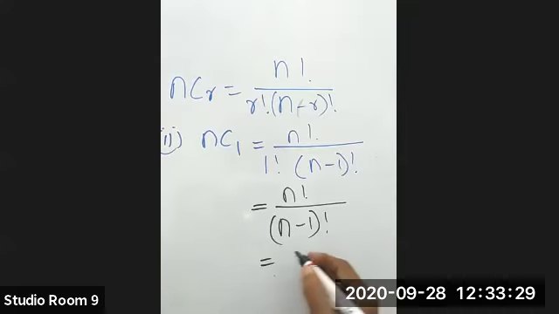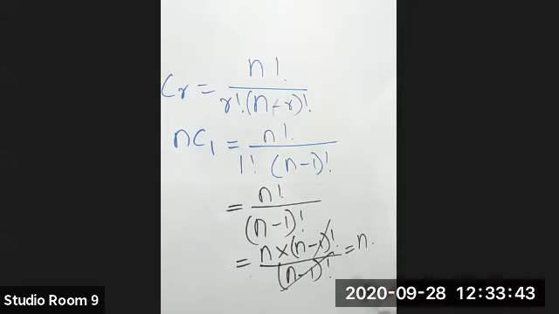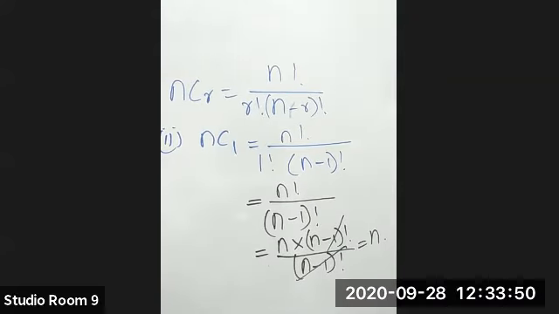N is bigger, isn't it? So we can express this as n into n minus 1 factorial by n minus 1 factorial. These two will get cancelled, which is equal to n. Therefore, NC1 is equal to n.